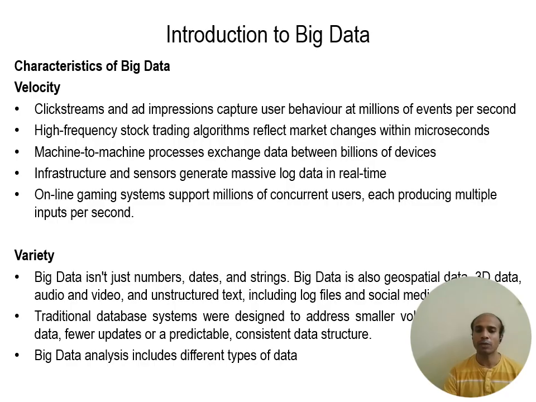Also, online gaming systems support millions of concurrent users, each producing multiple inputs per second. So you can see the way in which the data is getting gathered with respect to the velocity characteristic of the data. So the variety is another characteristic.